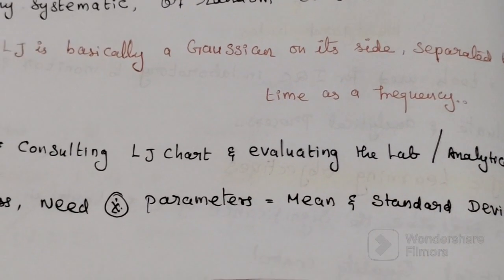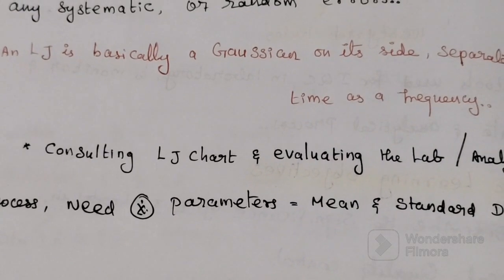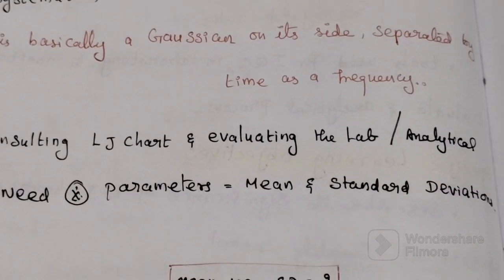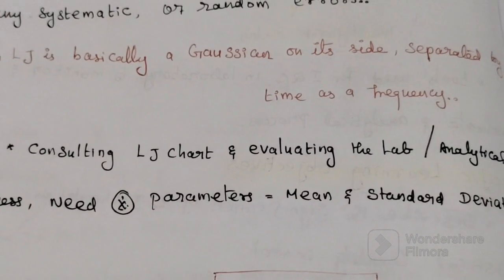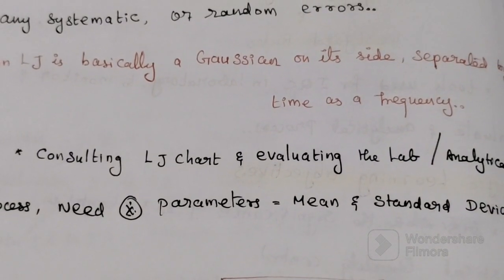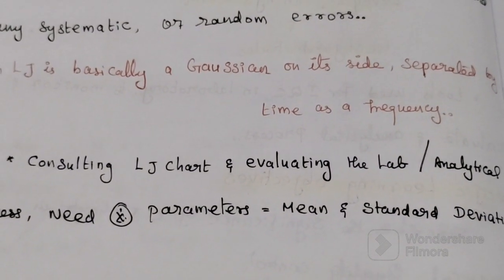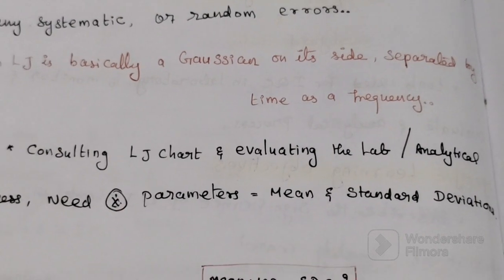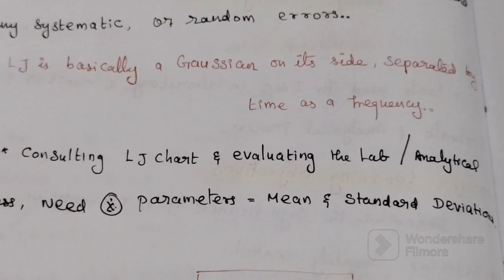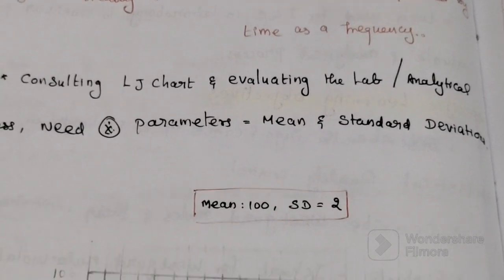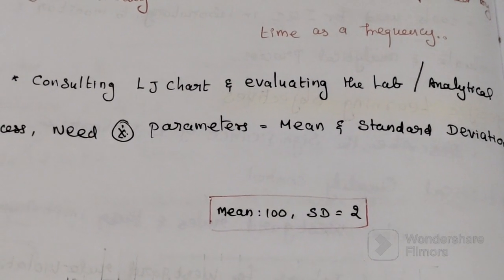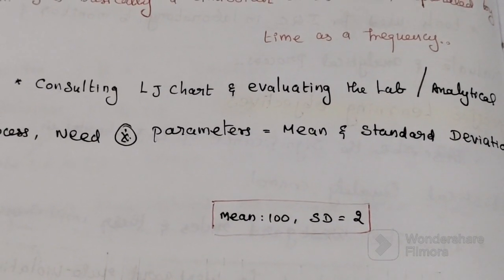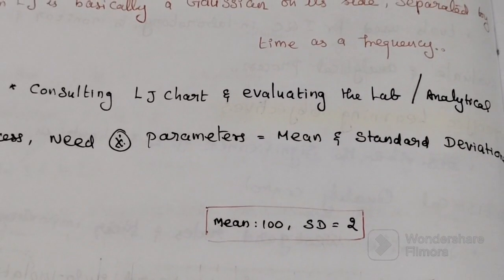To construct the LJ chart and evaluate the analytical process, we need two important parameters: mean and standard deviation. In the previous video, we saw how to calculate mean and standard deviation.